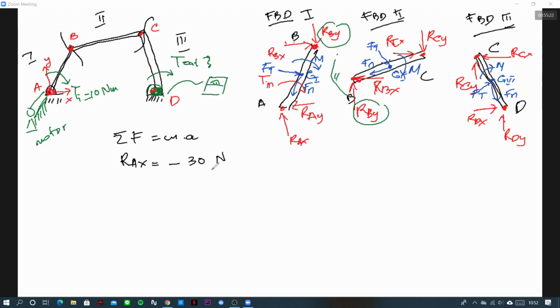So here you should give a note that this is in the opposite direction from the FBD. Oh, you mean the notation. Yes, the notation is wrong.